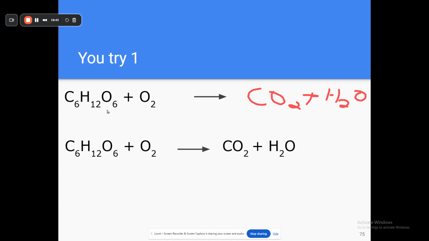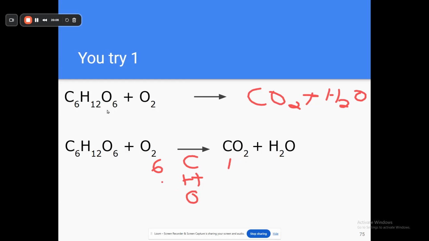Okay, so now when we look at this, we're going to have to balance. So we're first going to do our carbon, then our hydrogen, and then our oxygen last. So carbon on the left side has 6. Carbon on the right side has 1.